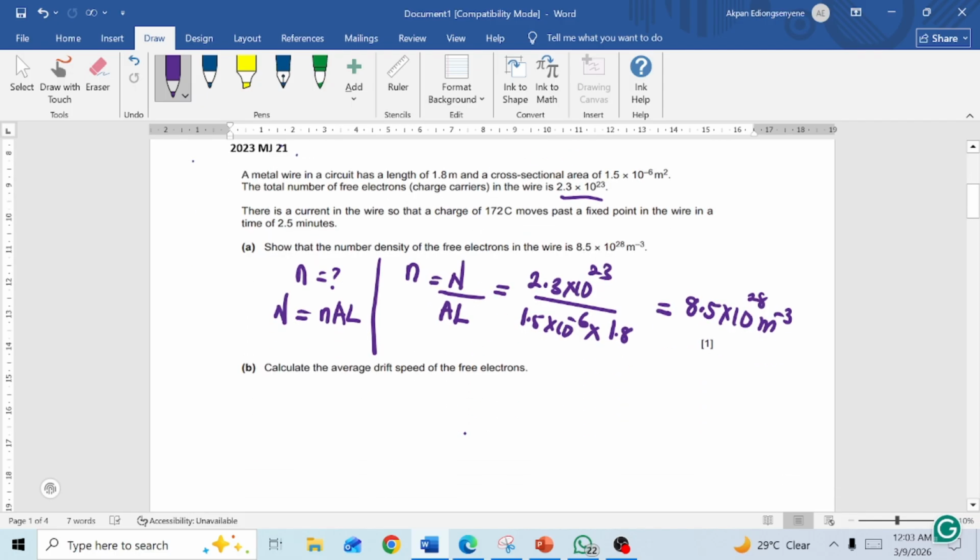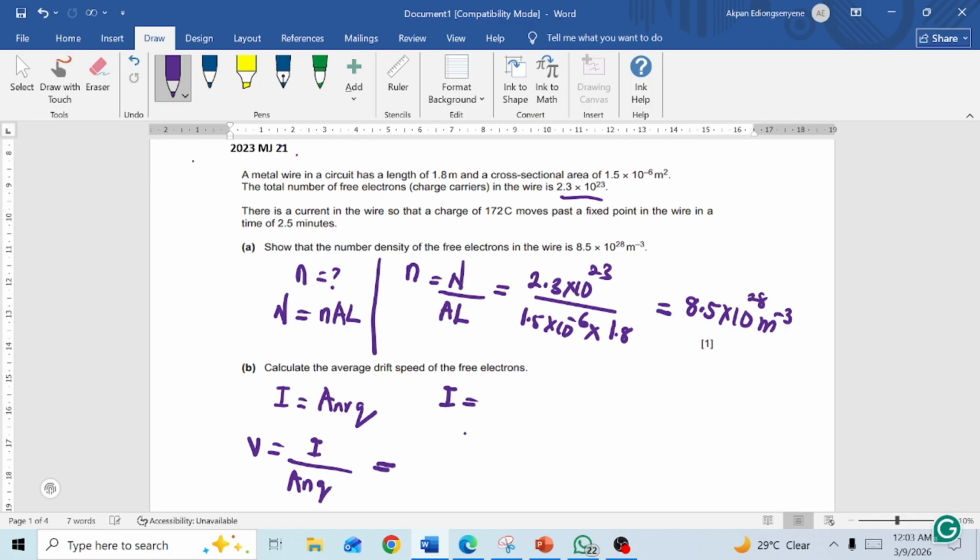Calculate the average drift speed of the free electrons. We know that I equal to ANVQ. We are asked to find V. That gives us I divided by ANQ. We were not given current, so we have to find the current. What is current?